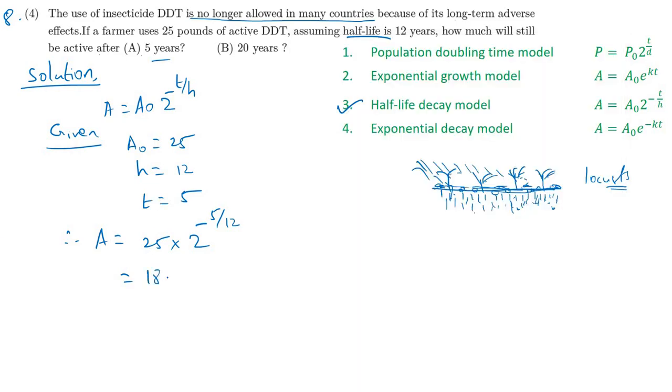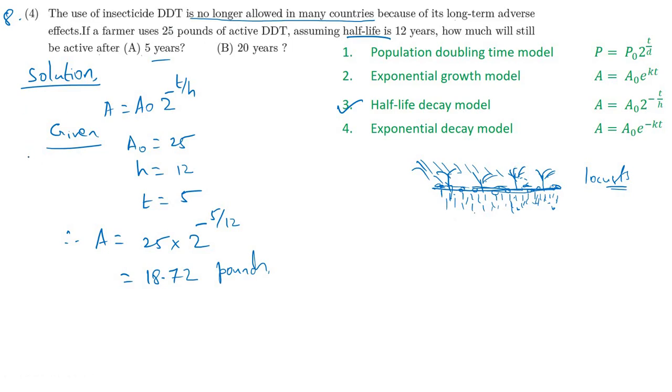I will take 18.72. We started with 25 pounds. In 5 years, it becomes 18.72. Let it be in terms of pounds, because A0 is 25 pounds, so A is also in terms of pounds. That is what is left. Remember this one.